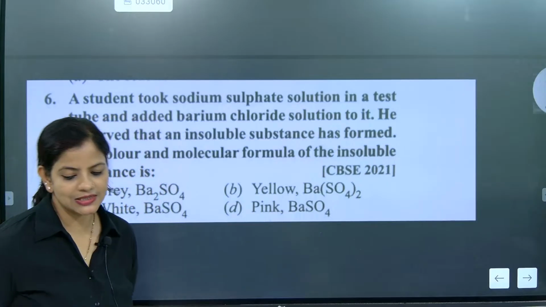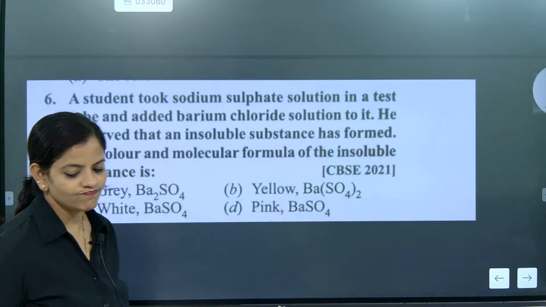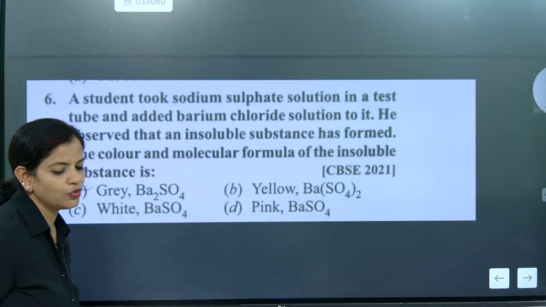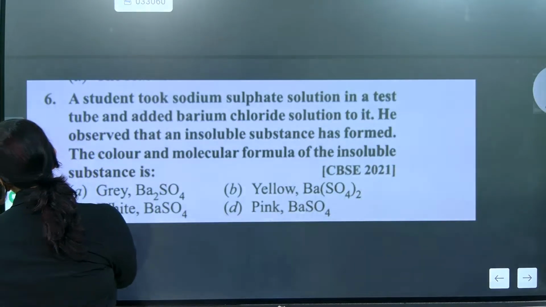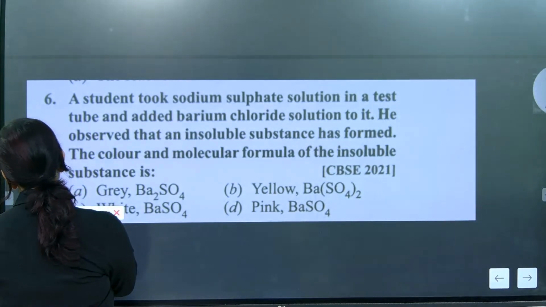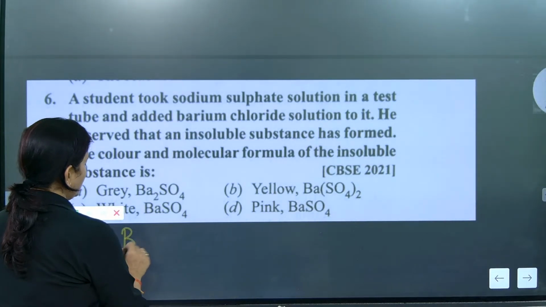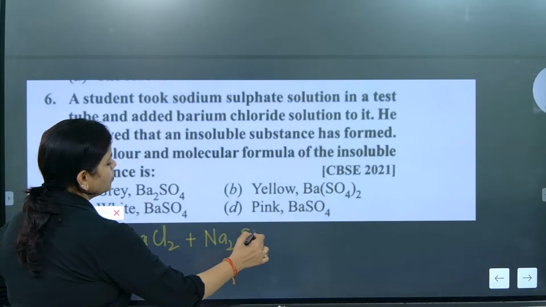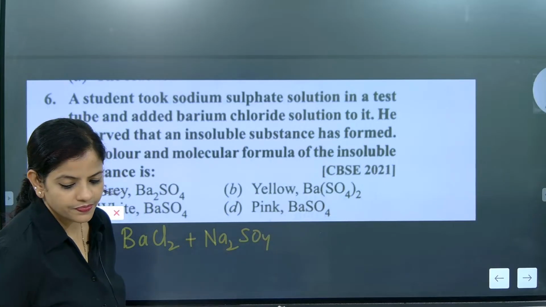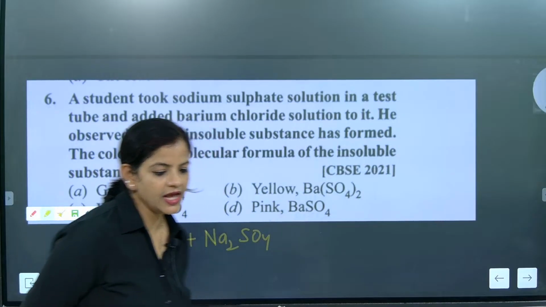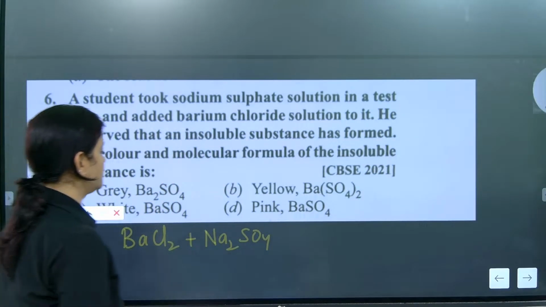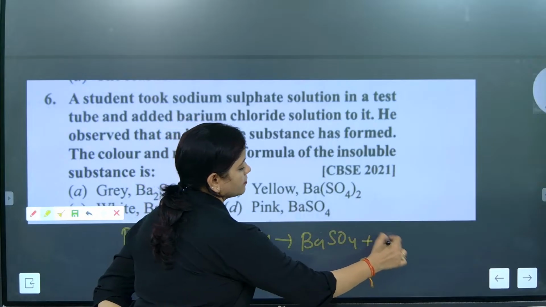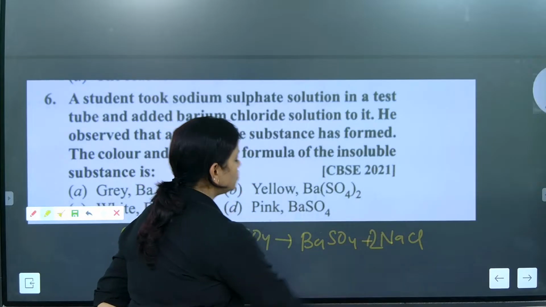Option C. The reaction is BaCl2 plus Na2SO4 gives BaSO4 and 2 NaCl.